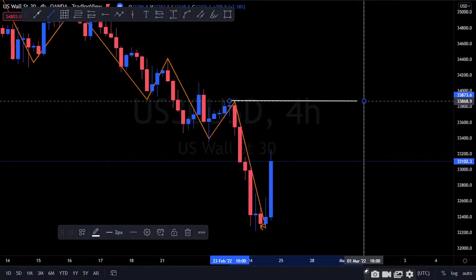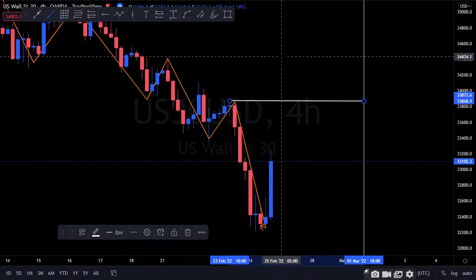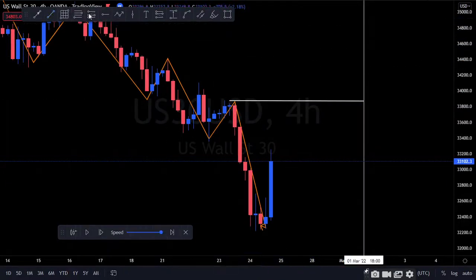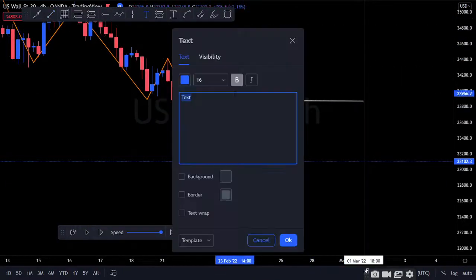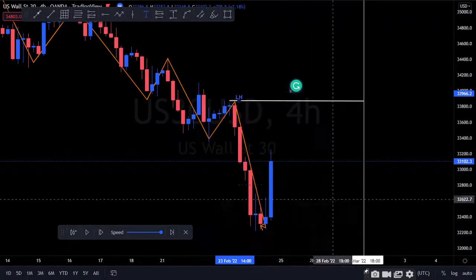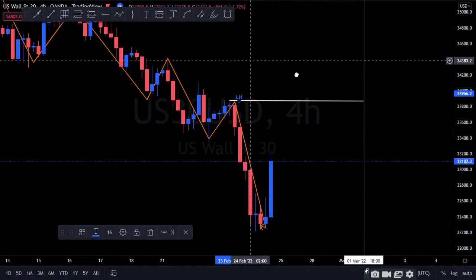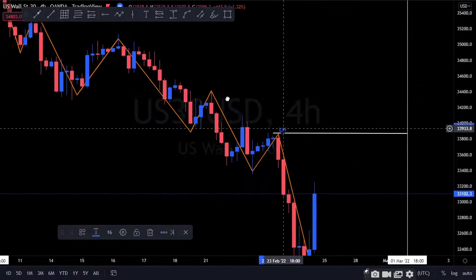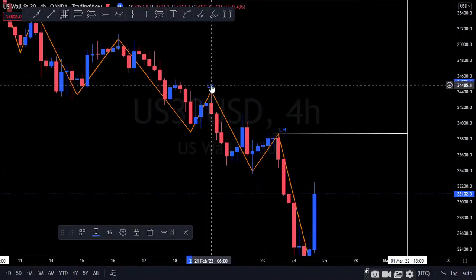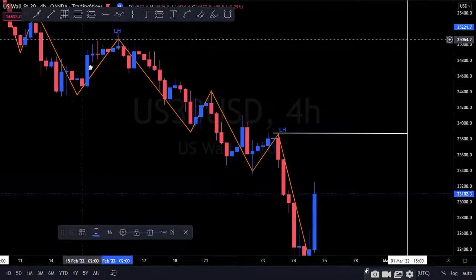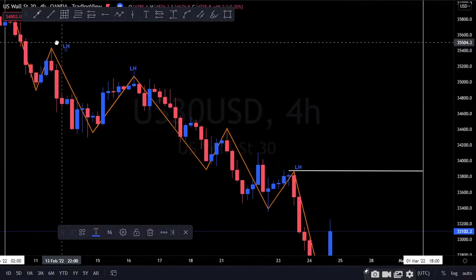So we can start labeling them. You can start labeling them here. You can see we have a lower high. Lower high. So I press my control, drag, and then go here, lower high, lower high. We have a lower high here.